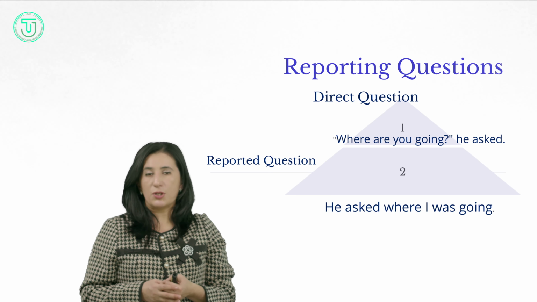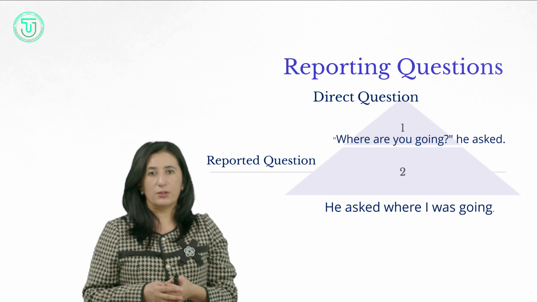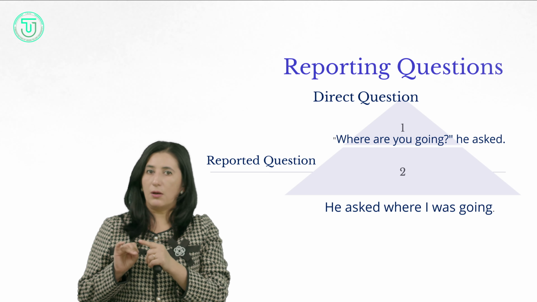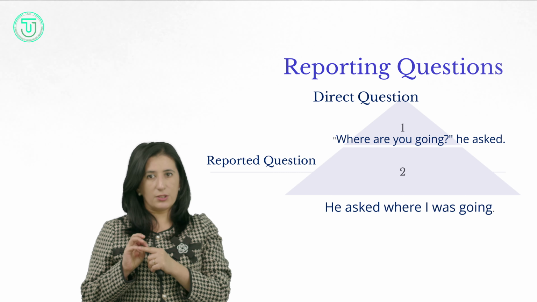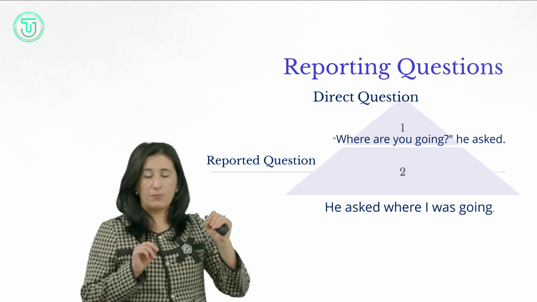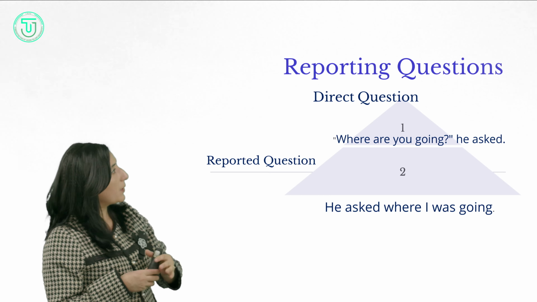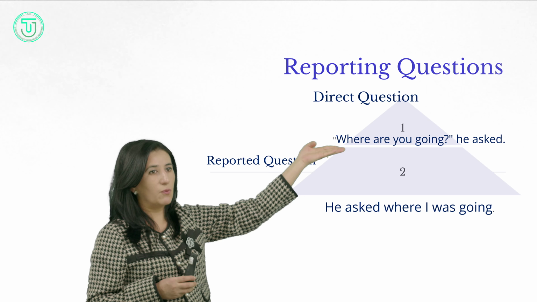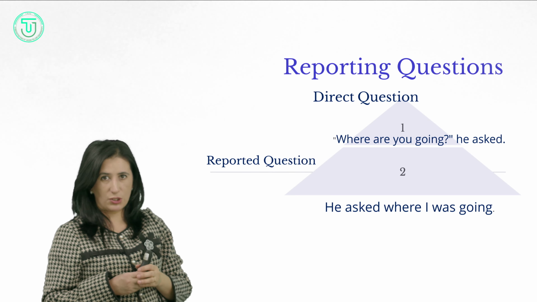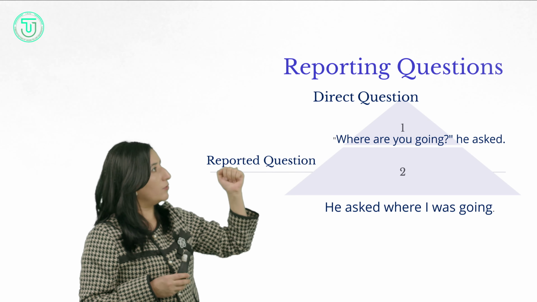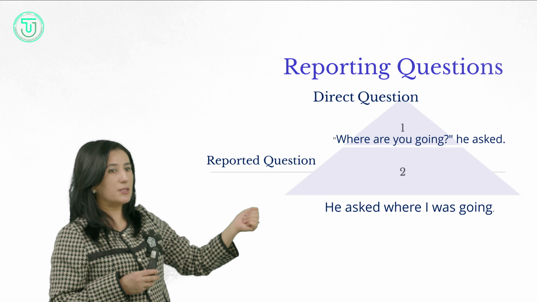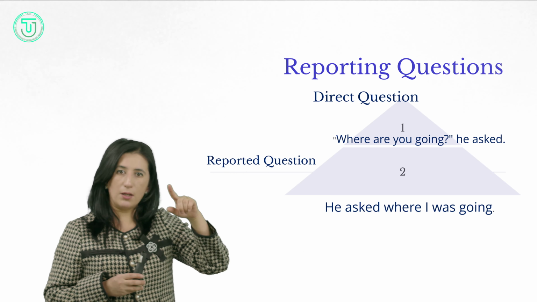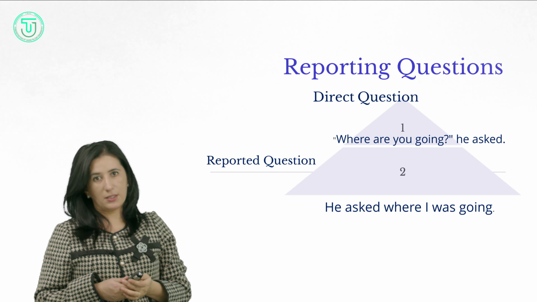We use the special question word, the WH word: what, who, where, why, when, in the reported speech. For example, where are you going? The word where is a special question word. Where are you going sounds in the reported speech: he asked me where I was going. One tense down for the past continuous.